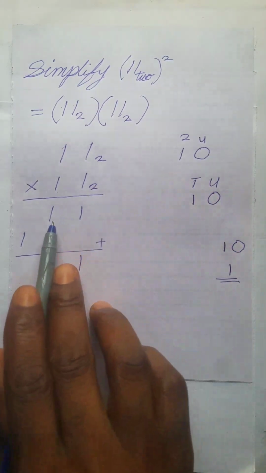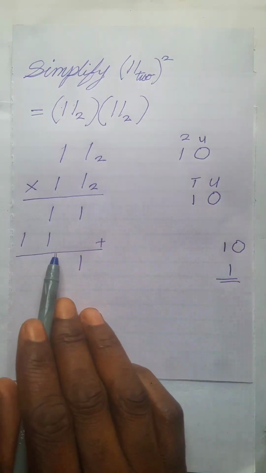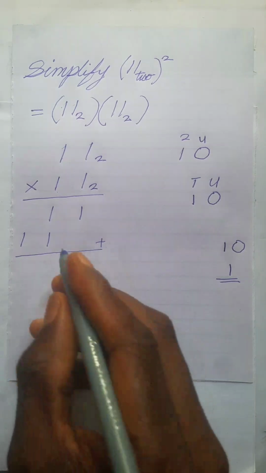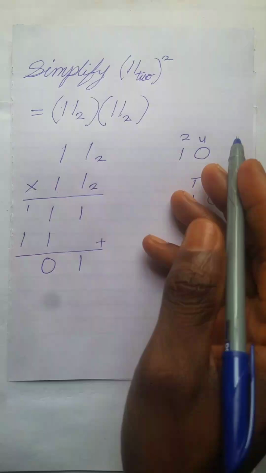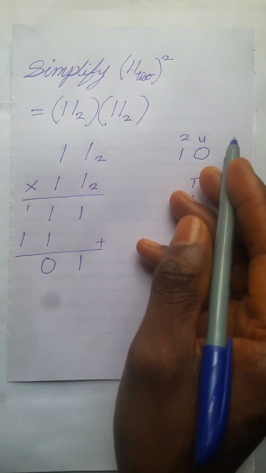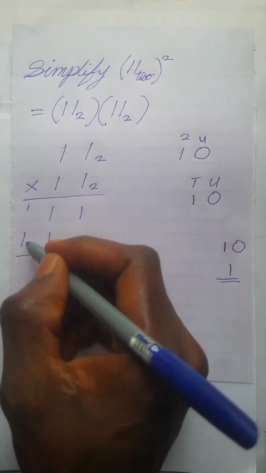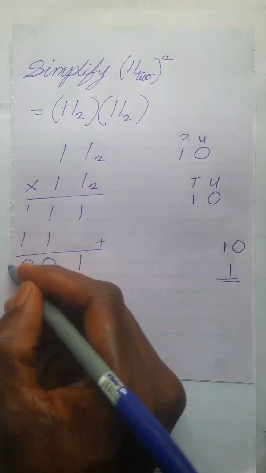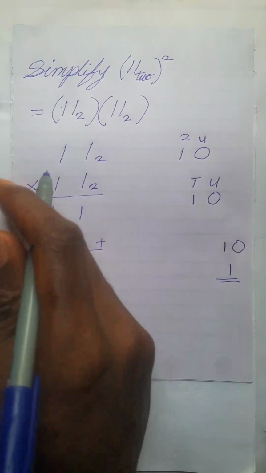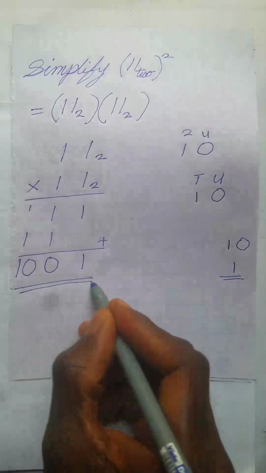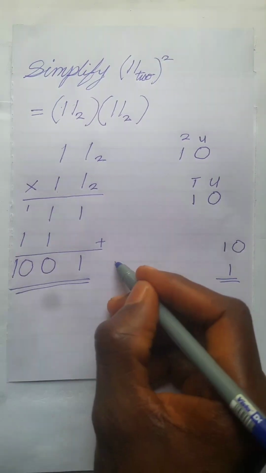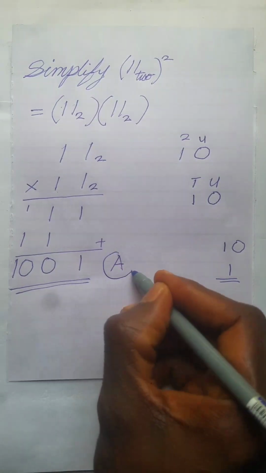So that's why 1 plus 1 is 10, or 1 0 in base 2, which means I'm going to write a 0 here and then carry 1 here. Okay? Now the same thing, 1 plus 1 again is going to be a 0 here, and then I'll take 1 to the next place. Is that okay? So our answer is 1001, which is option A.